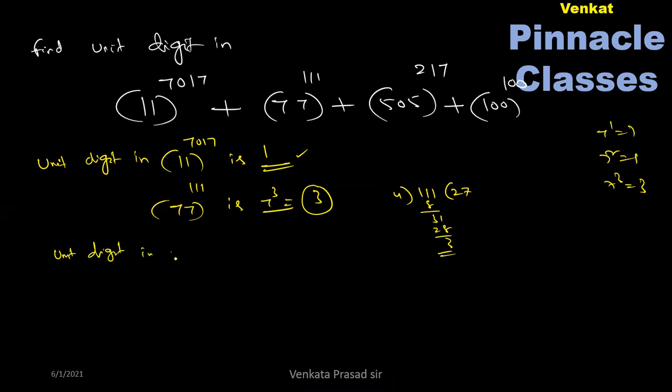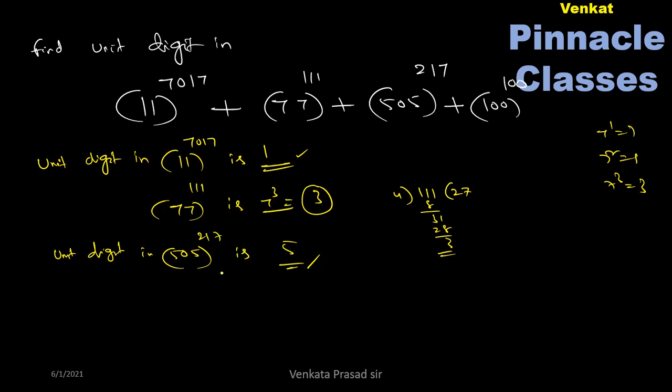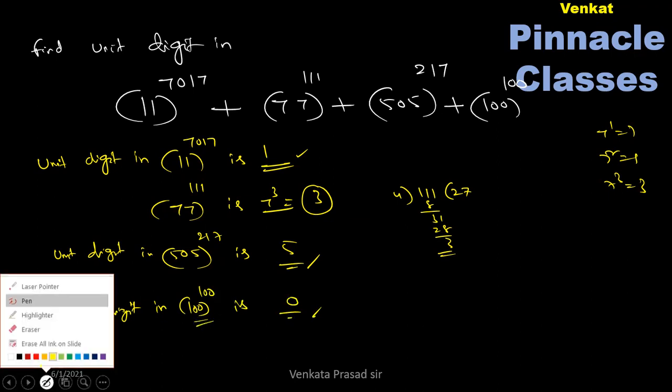Unit digit in 505 power 217 is 5. 5 power anything always gives 5. Unit digit in 100 power 100 is 0, because unit digit 0 here. 0 power anything always gives 0.